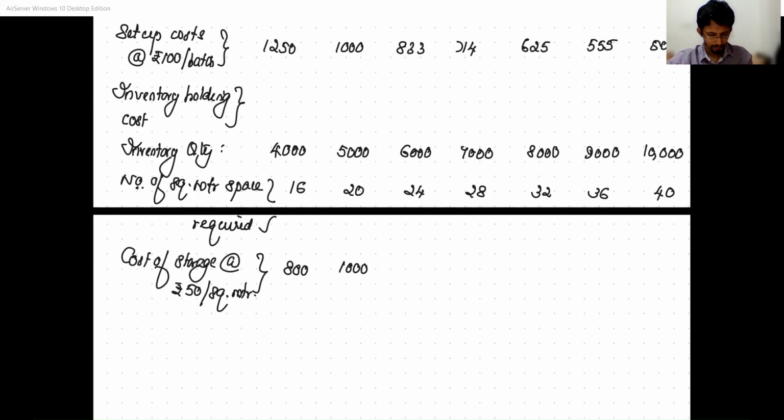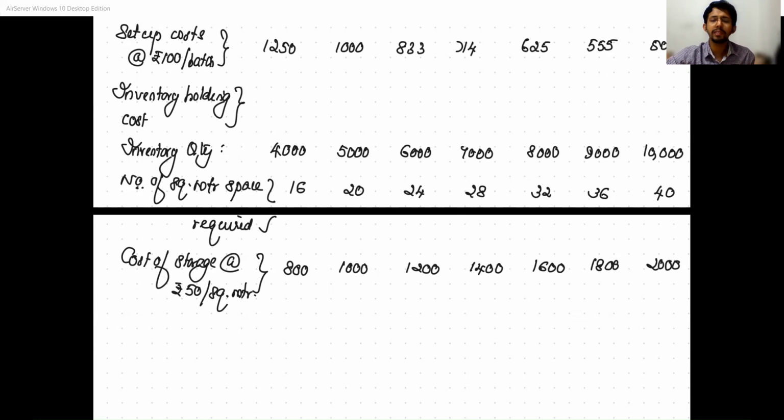Now 6,000, 24 into 50, 1200. 28 into 50, 1400, then 32 into 50, 1600, then 36 into 50, 1800, and this is 2000.